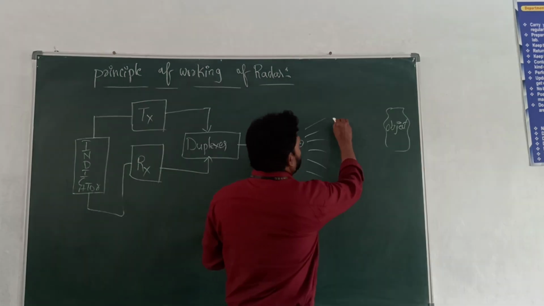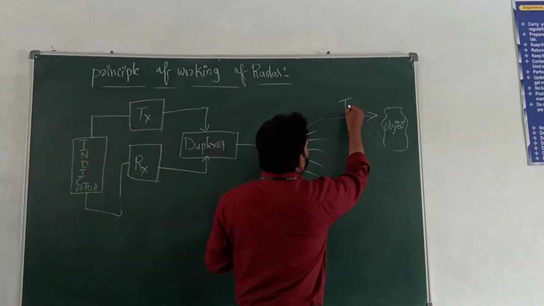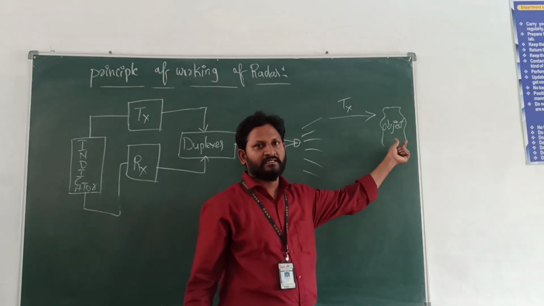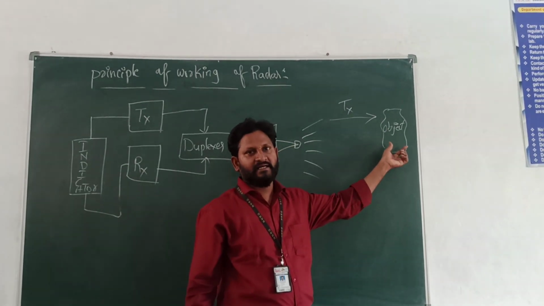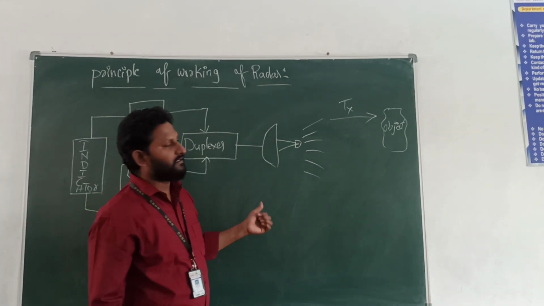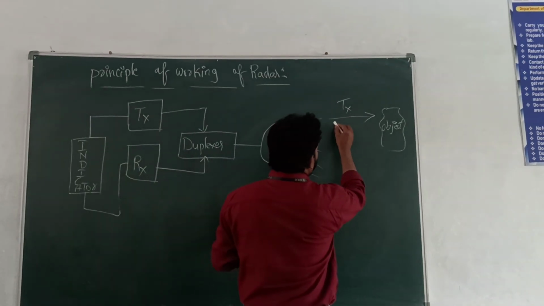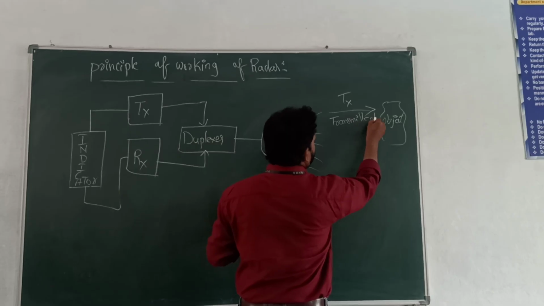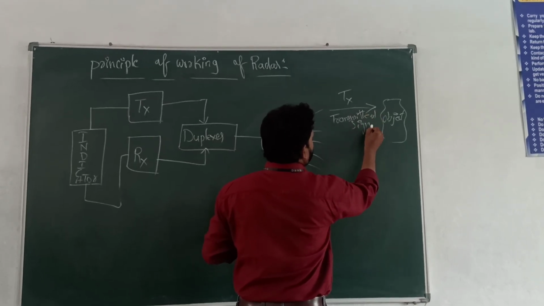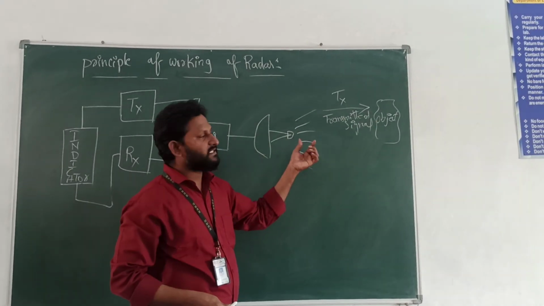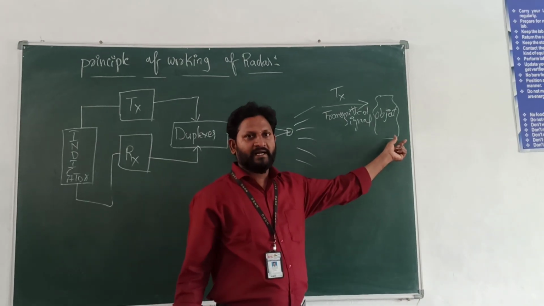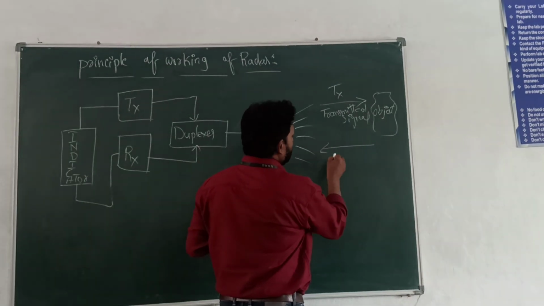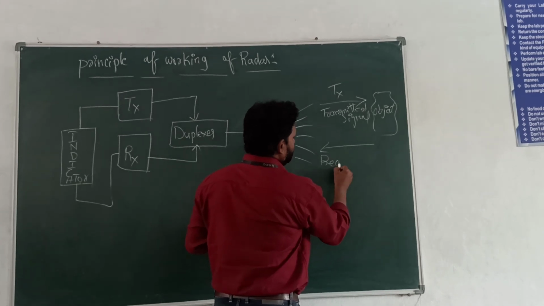The transmitted signal reaches the object, whatever the object is, and it reflects back to the same antenna. The same signal collides with the object and reflects back to the same antenna. That is the received signal.